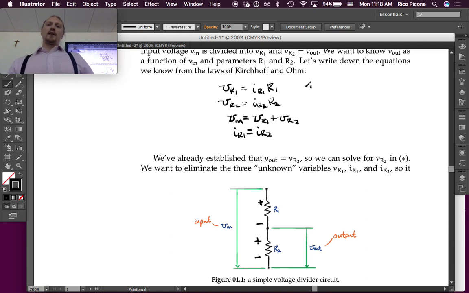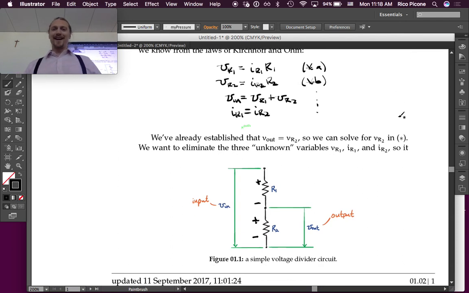So these are going to be like star A, star B, C, and D, but I don't want to write them. Okay. So we've already established that the output voltage is just VR2.